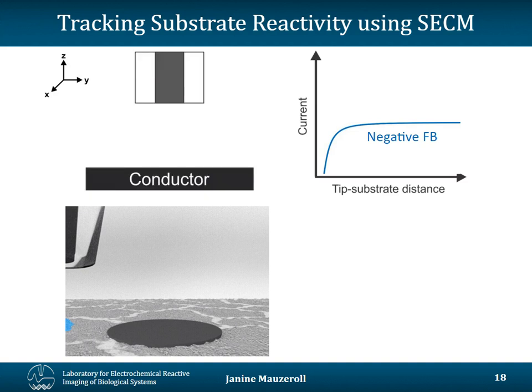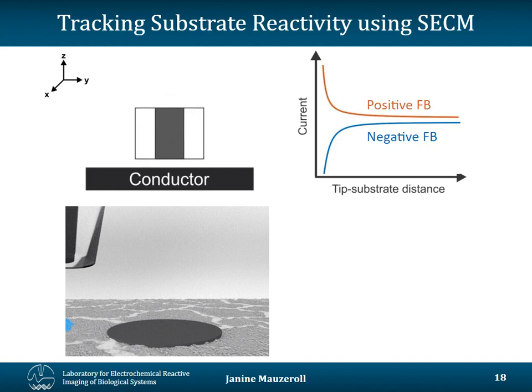If we have a conductor, a piece of gold, a piece of platinum, a piece of carbon that's well poised, when we decrease the tip to substrate distance, yes, we will still have hindered diffusion by the physical presence of the conductor, but it will be outweighed by the additional flux that's coming because of the reaction at the conductor surface, which is why as we decrease the tip to substrate distance, the red curve becomes progressively higher.